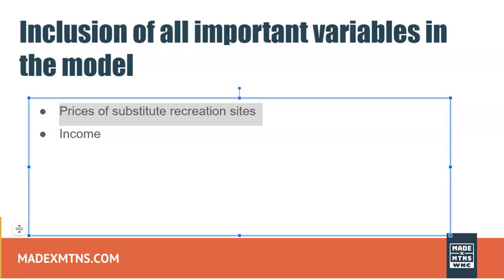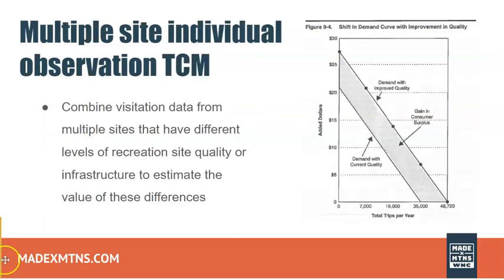Since it's correlated, if you do not include this substitute site variable, then the travel cost slope for the recreation site you're focused on could be biased. And if it's biased, if it's too steep or too flat, then you're going to develop a biased estimate of consumer surplus.